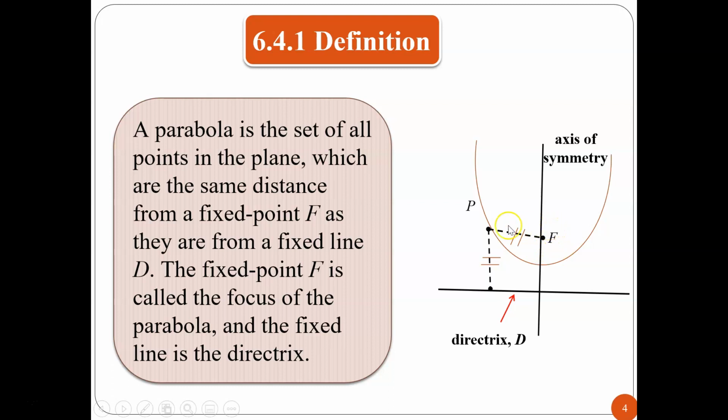Then the fixed point F is called the focus of the parabola, and the fixed line is the directrix.